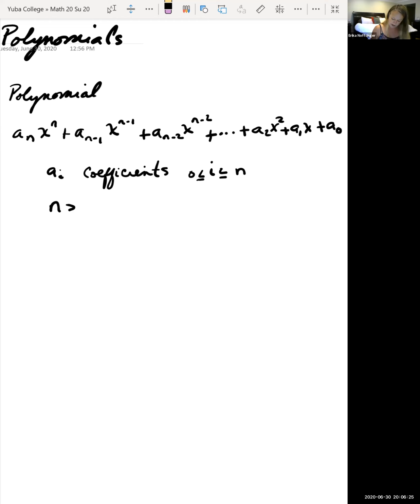N has to be greater than or equal to 0 and is an integer.